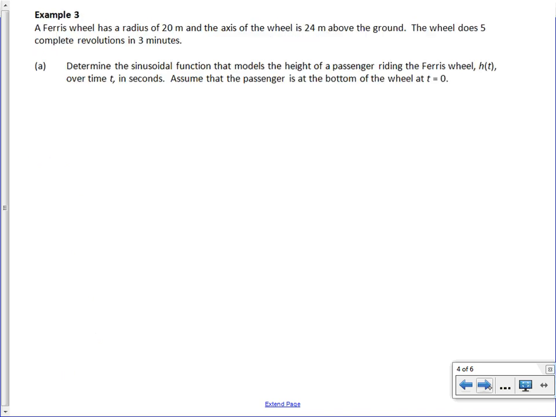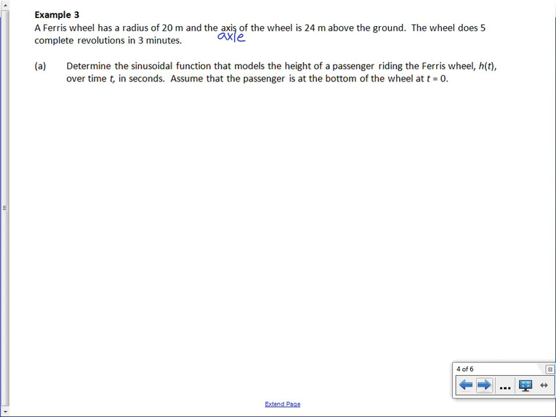One last example. Ferris wheel. Okay? A Ferris wheel has a radius of 20 meters, and the axis of the wheel is 24 meters above the ground. Axis of wheel could just as easily have been axle of wheel, I probably meant to write axle, but anyway.